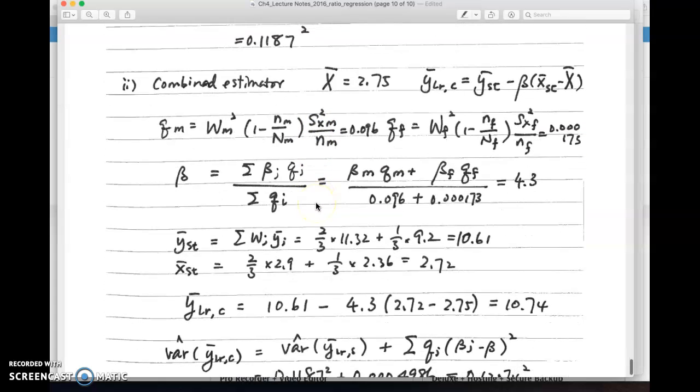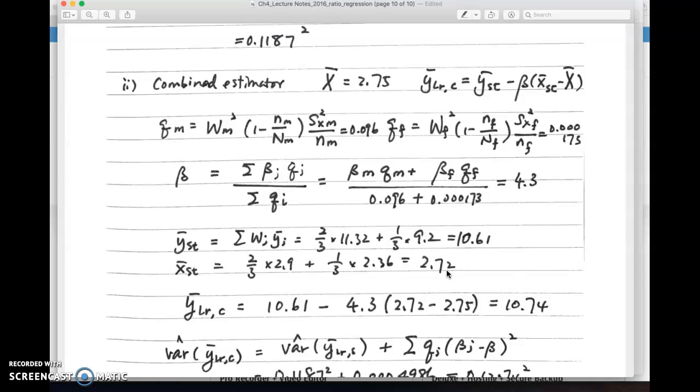For the combined method, we were given the overall X bar is 2.75. First of all, we calculate the Y bar under the stratification. So we add up the sample Y bar for male and female by the population weighting. So the Y bar estimate is about 10.61, and the X bar estimate is about 2.72.